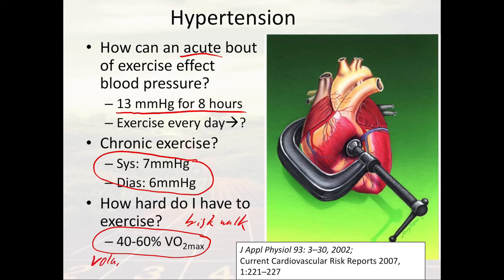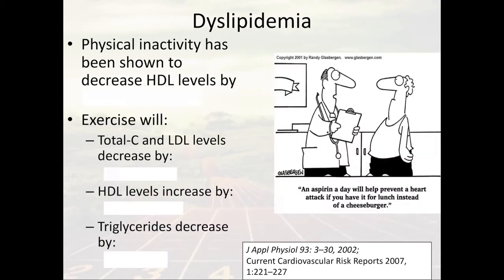And volume seems to be the number one factor instead of intensity. So that's blood pressure. And so obviously if we decrease blood pressure, if we decrease BP, then we improve endothelial function. And that's going to start us at the very beginning. So that should definitely be part of your concept map.